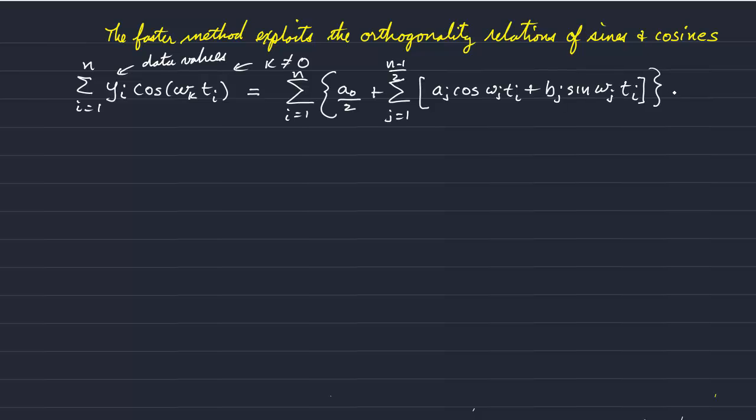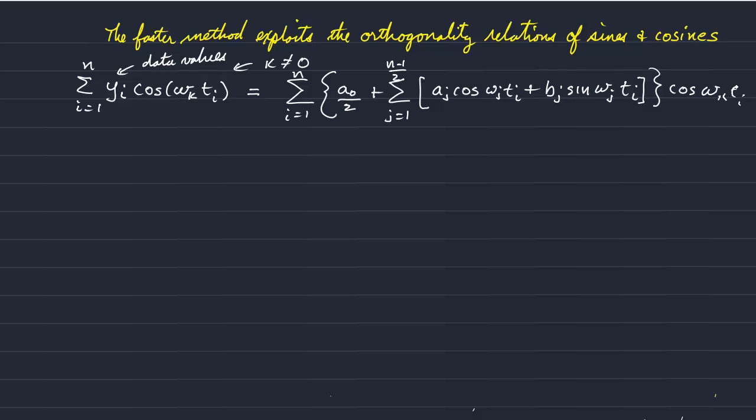So everything in the curly brackets is our approximation for y at each point i, at the ith point, and that's summed over i. And we're multiplying that again by cosine omega k t i.